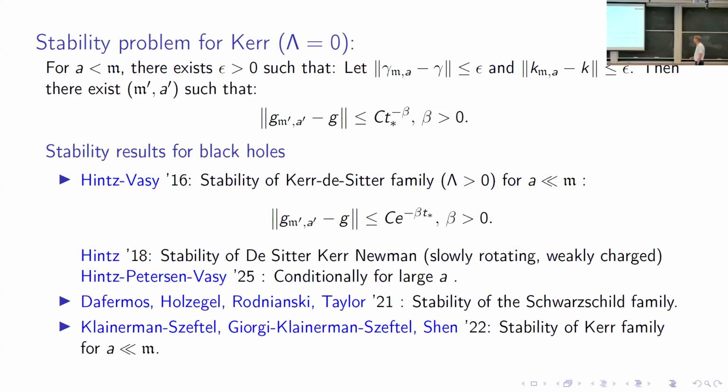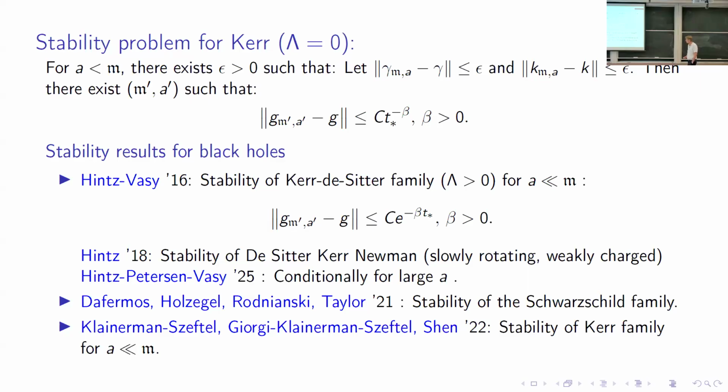So there has been a lot of progress on that. The first result for stability is the stability of a Kerr-de Sitter family for very small angular momentum. And the convergence is exponential. And this has to do with this asymptotic behavior. So this is by Hintz and Vasy. By Hintz, we have stability of a Kerr-Newman-de Sitter family.